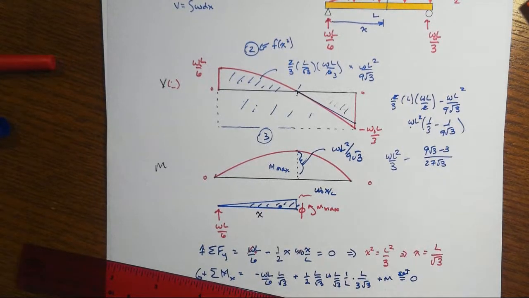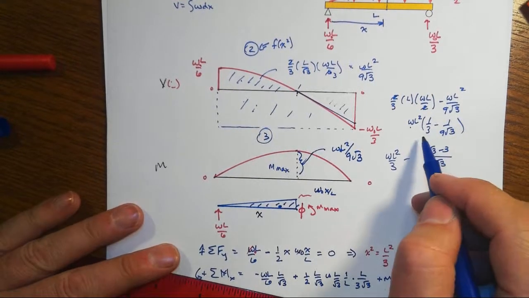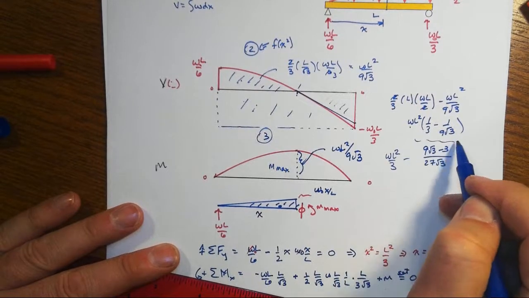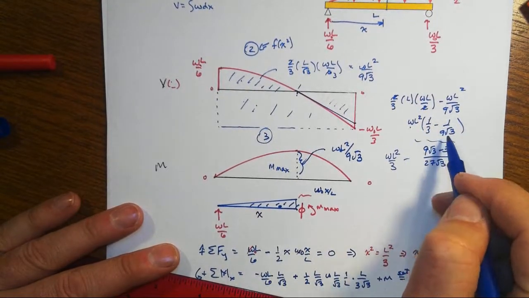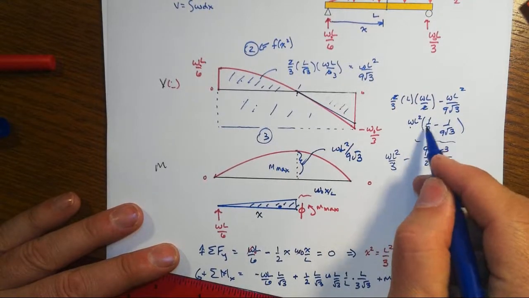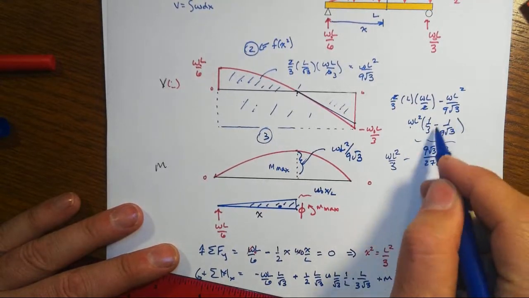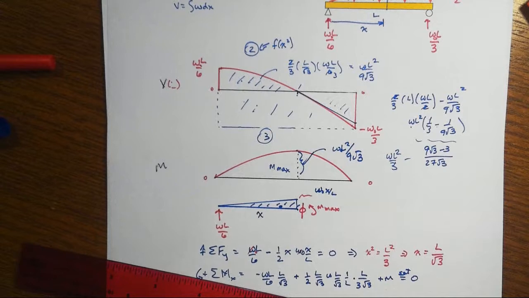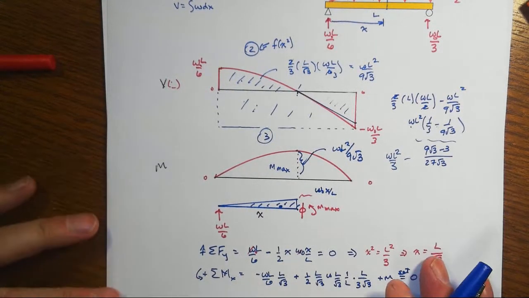Wow, it's a lot of work and effort to prove. It's going to come out for us. I know. How do I know? Because look at this. All that mess that was there was 1/3 minus 1 over 9 root 3. But when I take this minus that, that goes away. That becomes the little last piece that's left over. Bam, that's what I wanted to begin with. So there's a way to show it.